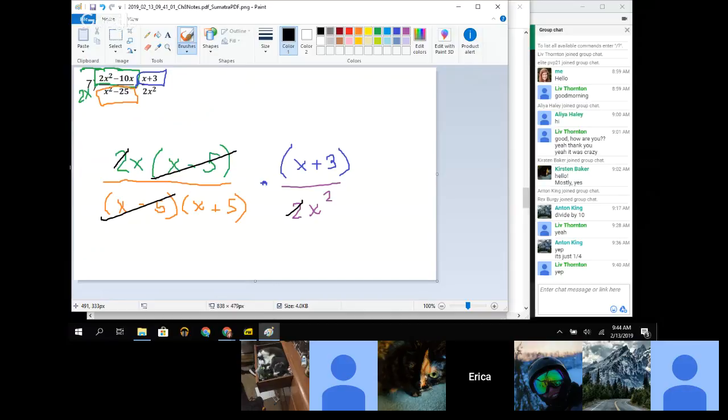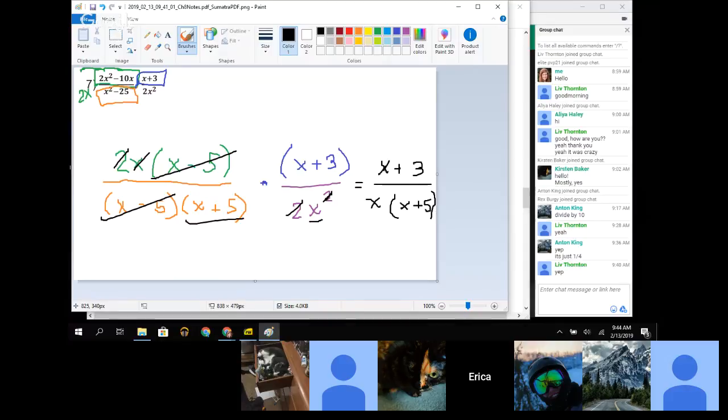I can also cancel my x and my x squared, and this can just become x in the denominator. And I think that's all I can cancel. So I'm left with x plus 3 in the numerator, and then I have x times x plus 5 in the denominator.